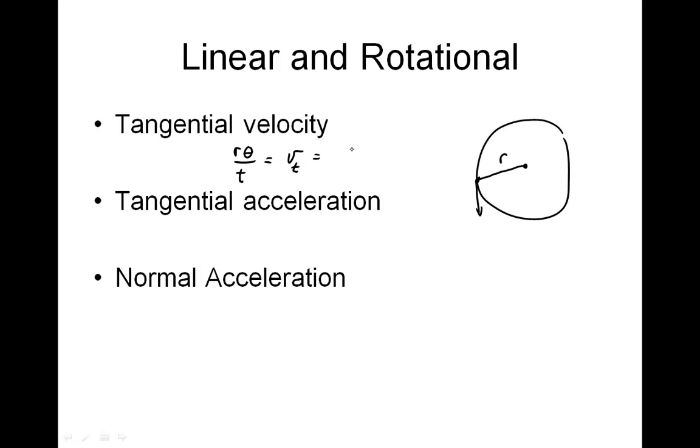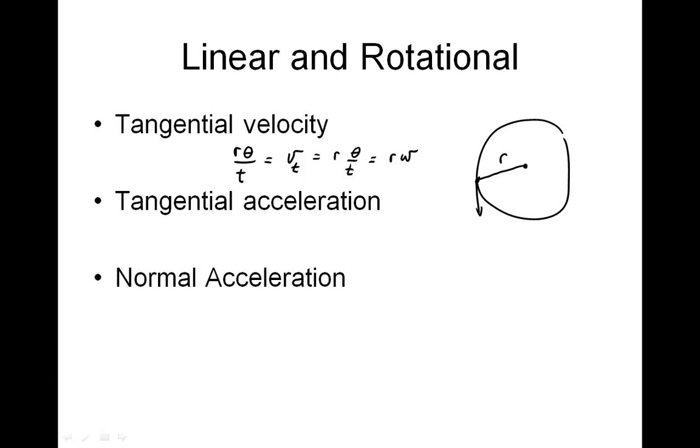Well, if you think about it, theta over t is the angular velocity. So this is r times theta over t, but that's the angular velocity, and so that's r times omega. So the tangential velocity is equal to r omega.